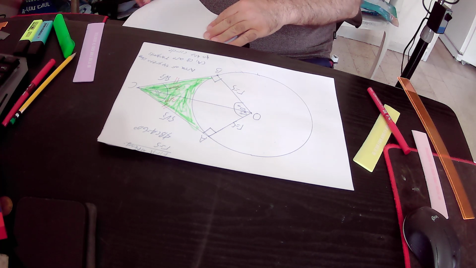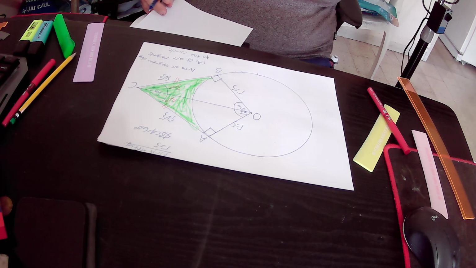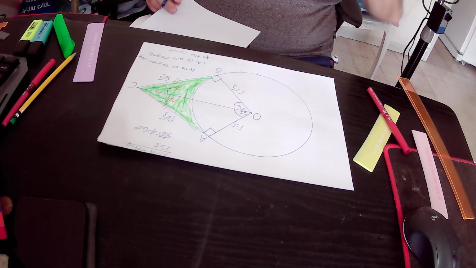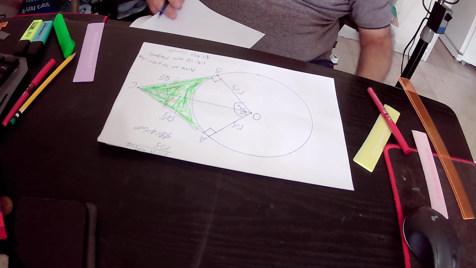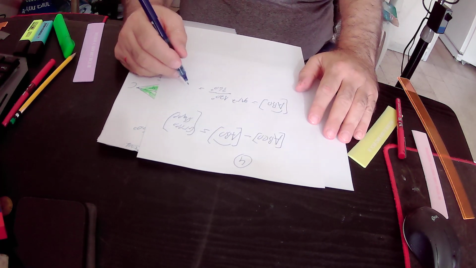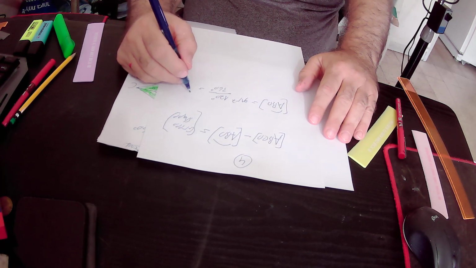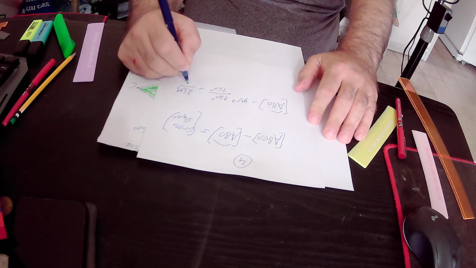R equals 5, so pi r square is 25 pi, and 120 degrees over 360 degrees equals 1 over 3. So in total the area of sector ABO is 25 pi over 3 square units.